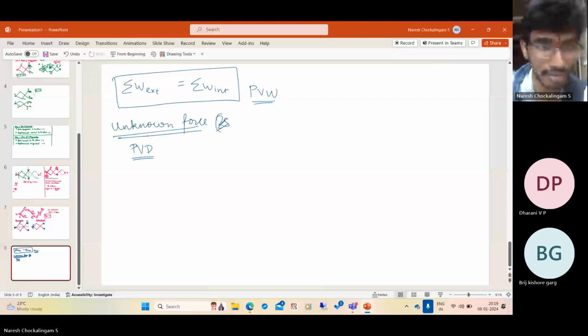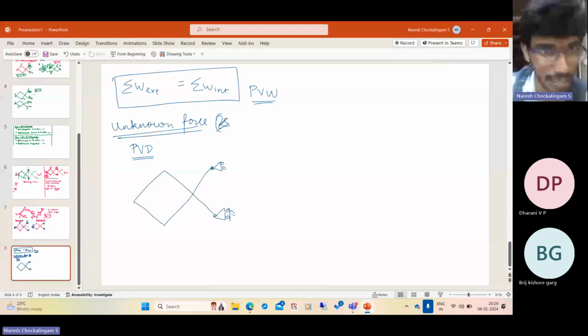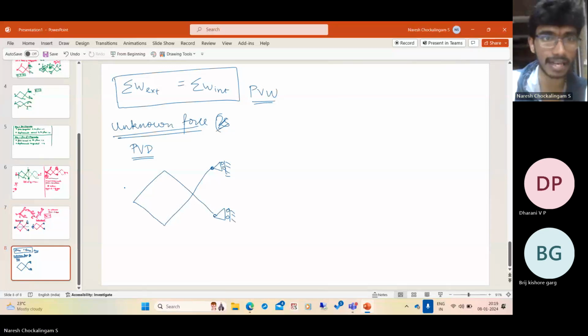This I'm not disturbing. I want to find out the force here. If I want to use the virtual work principle, that force has to do some work, right? If I'm interested in a reaction, you know that reactions don't do any work because the point where they act does not move.